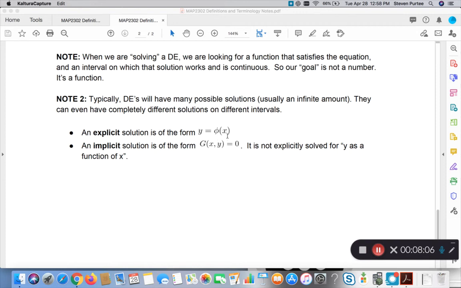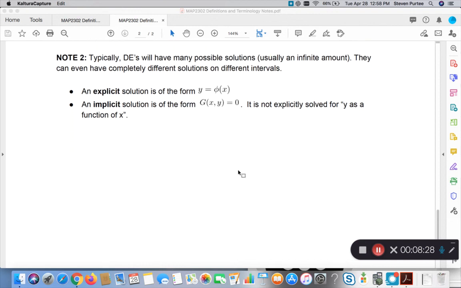Y is some function of x. Sometimes that's not possible, and our solution will just be a curve. It doesn't pass the vertical line test. It's not a function in the strict sense. It's just some curve, a relationship between y and x, and we'll have an implicit solution instead of an explicit solution.